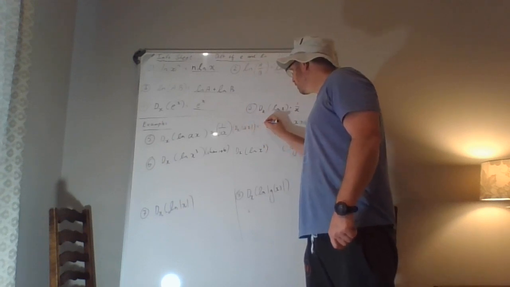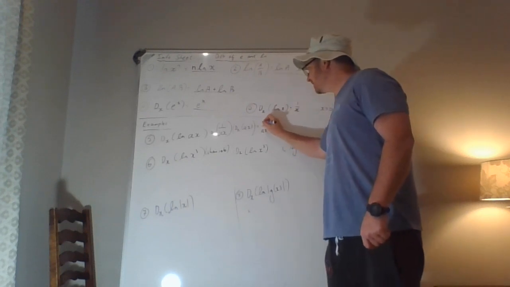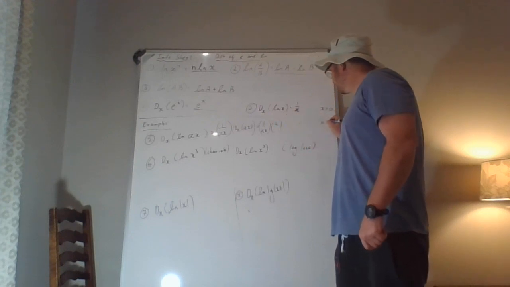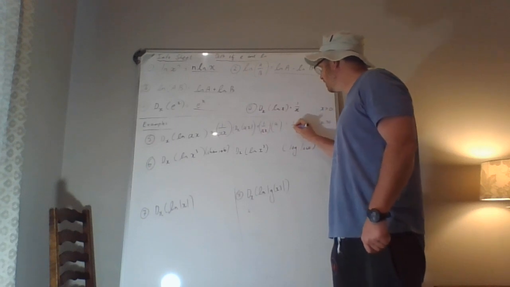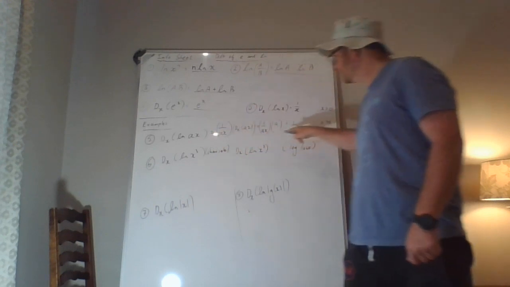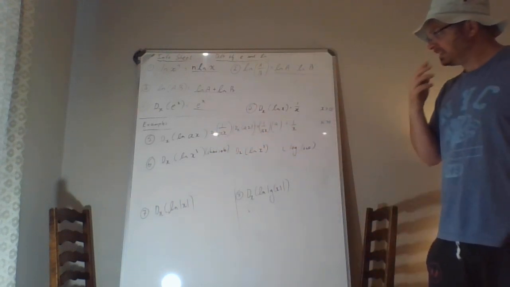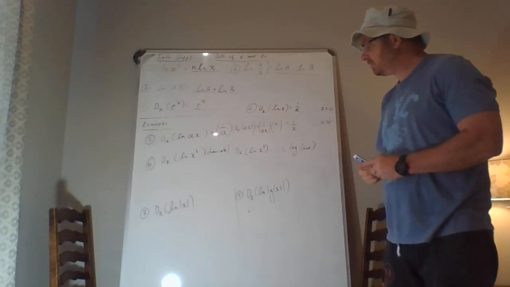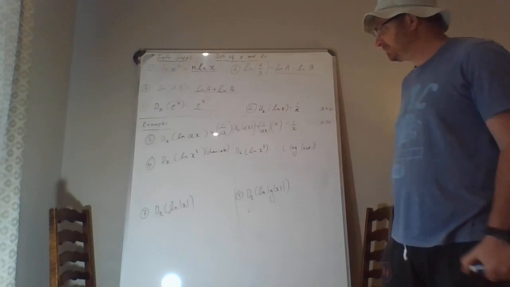So you're left with 1 over ax, times a, since you can skip steps. I'm left with a over ax, which is simply 1 over x. So the derivative of ln ax, no matter what that number is, is always simply 1 over x. The derivative of ln 22x is 1 over x, the derivative of ln 5x is 1 over x, and ln kx will be 1 over x.